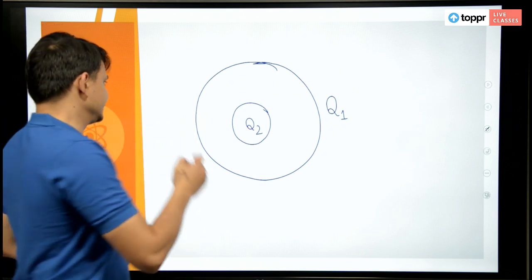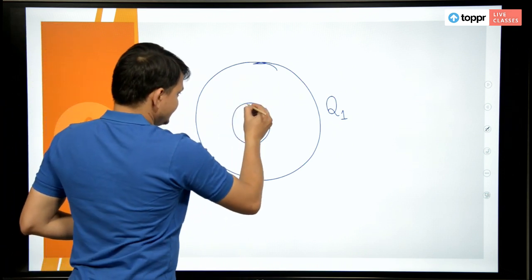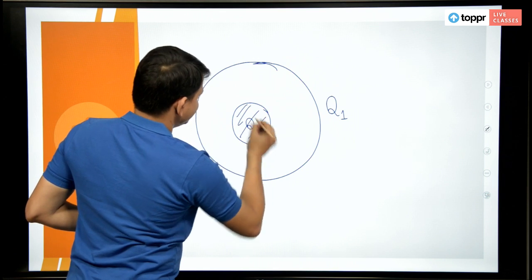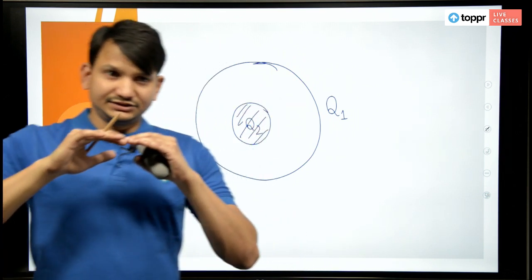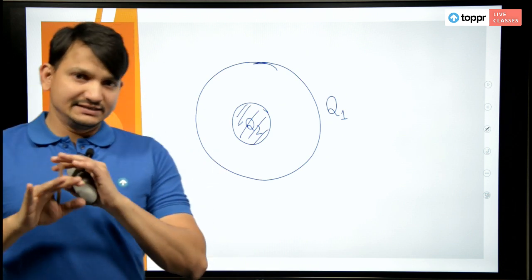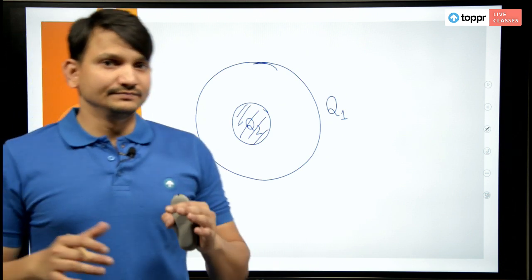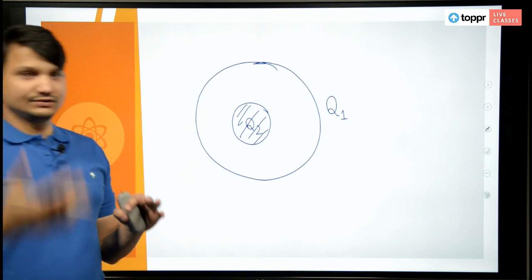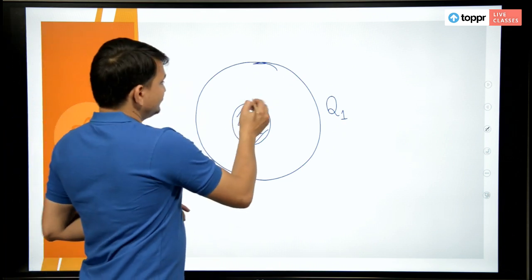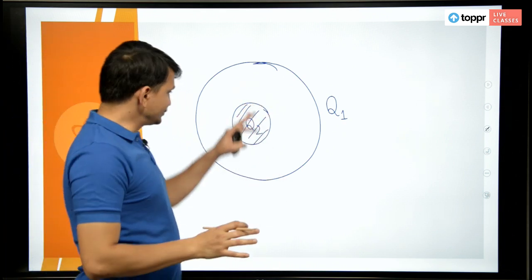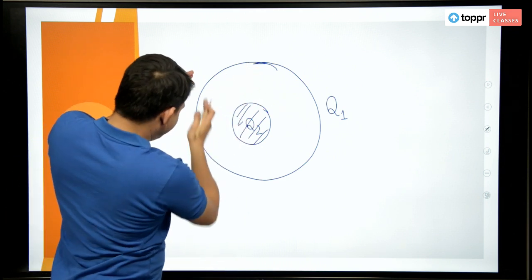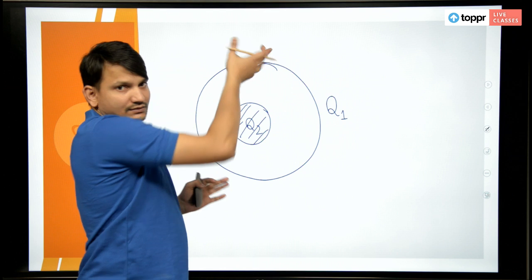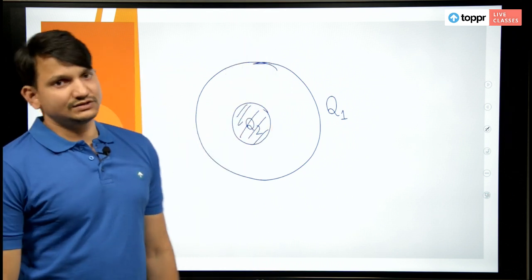Which three surfaces? First, this metallic surface. You all know that metals have charges on the surfaces. It doesn't distribute throughout the volume. All the charges would appear on the surface. So what would be the total charge on this surface? What would be the total charge on the inner surface, and the same on the outer surface?